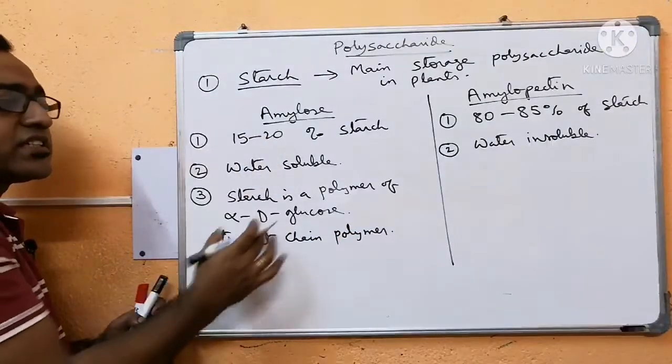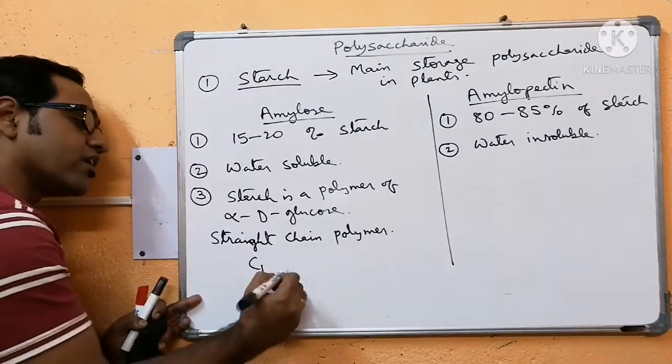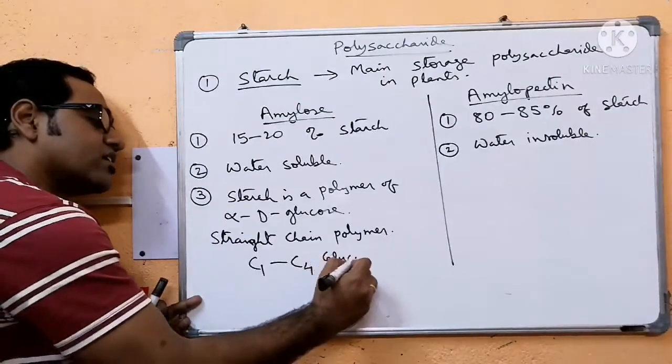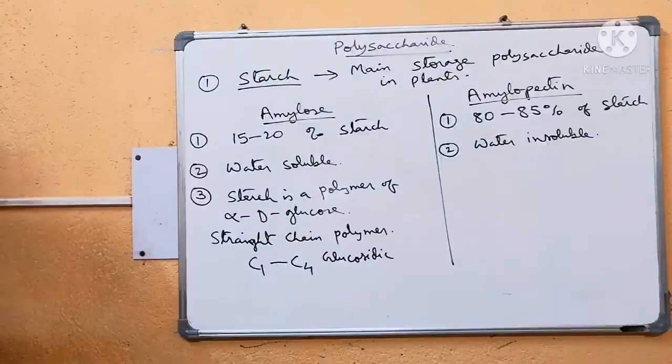Amylose is a straight chain polymer which is formed by C1 and C4 glycosidic linkage.